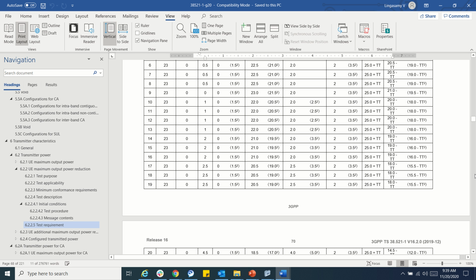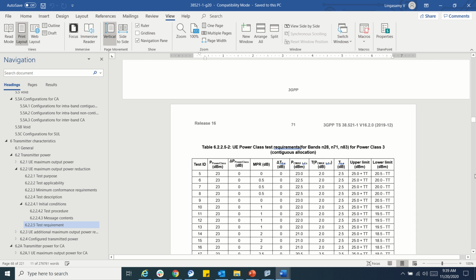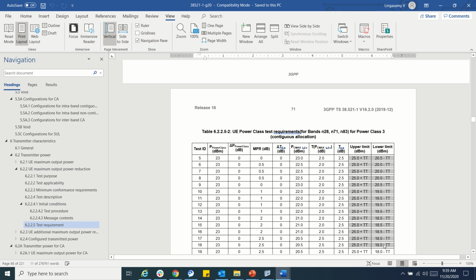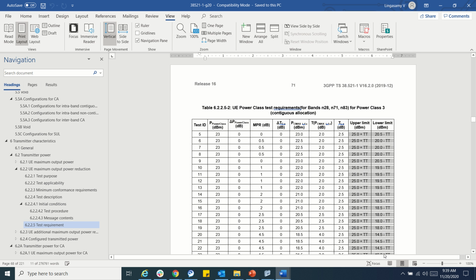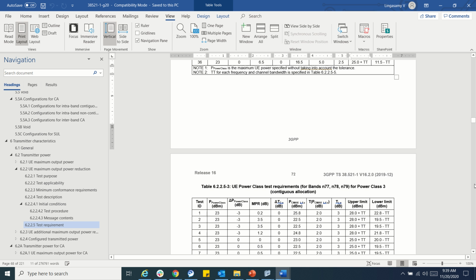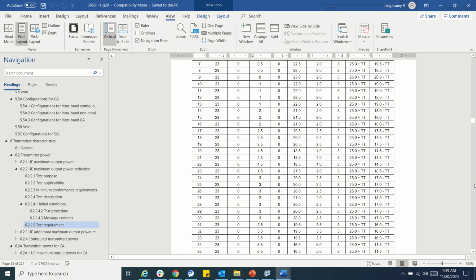The limit values are given here. In the test case code during development time, we have to take care of these limits. If your measured mean power is within this tolerance, the test case will pass. Otherwise it will fail. The failure may be due to the test solution, or it may really be due to the UE itself.